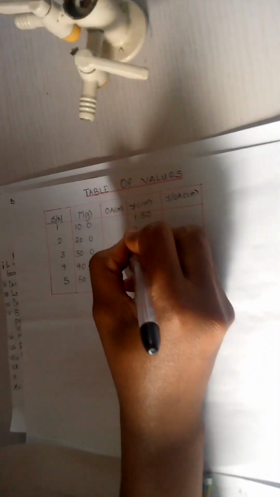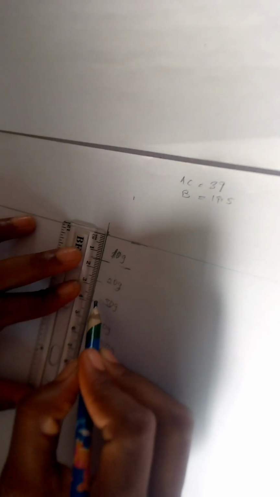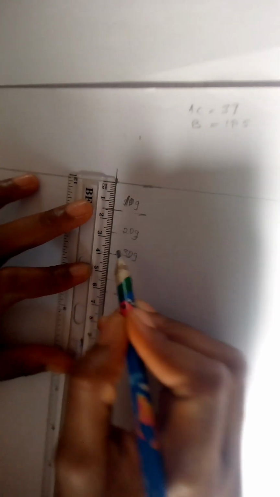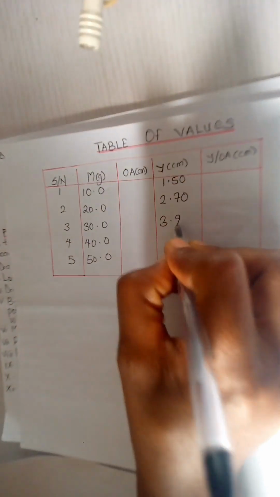I take the reading also for the 20 gram mass, the depression from here to this point here. I have 2.70. Then for the 30-gram mass, from this point to this point, I have 3.9, so 3.90.